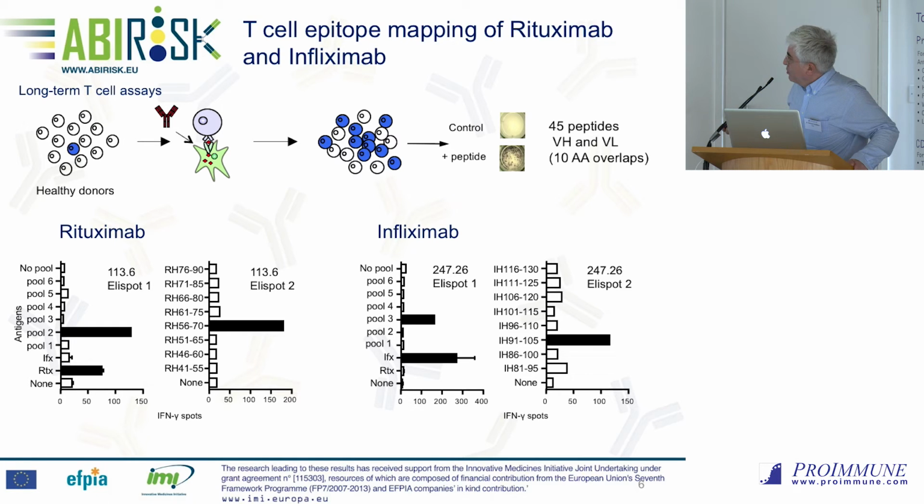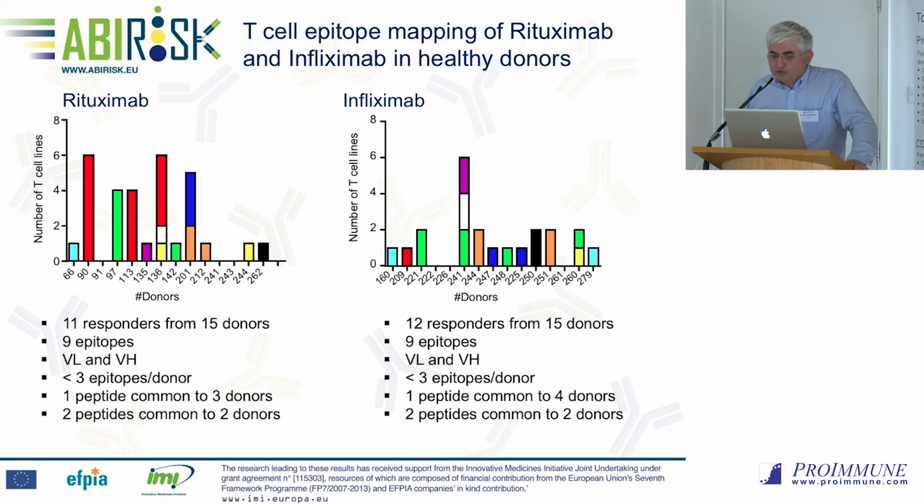With rituximab, for instance, you can see this T-cell line reacts with rituximab, not with infliximab. One peptide pool is positive, and when we look at the individual peptides, you can see a very good response to this peptide. The same was done also with infliximab. And this has been measured with a panel of donors.